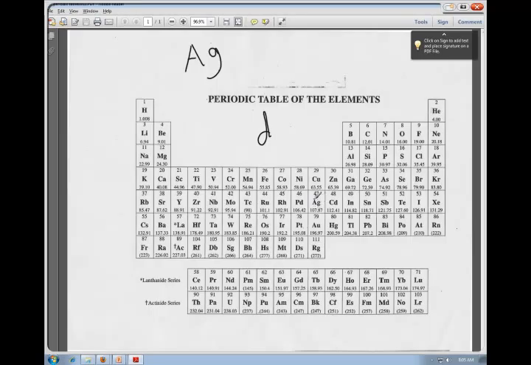So it's in the D block, and it's in period 5, right? But the D blocks are all behind by 1, so it's going to be 4d, and then we have to count in 1, 2, 3, 4, 5, 6, 7, 8, 9. 4d9.